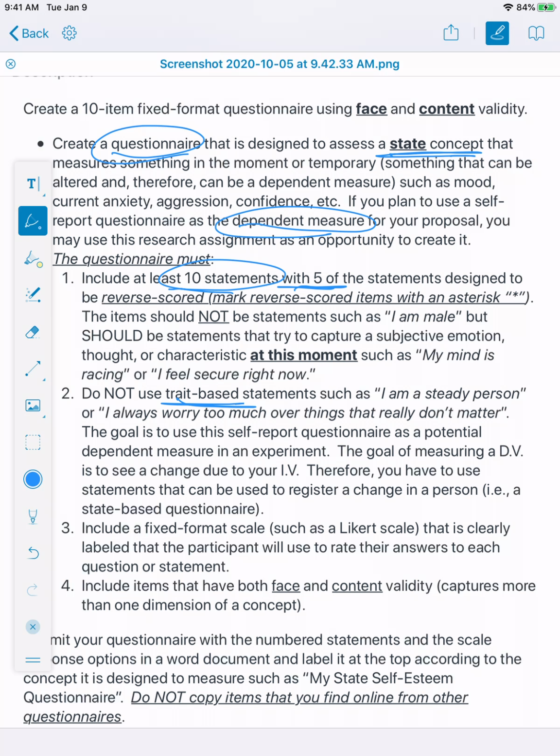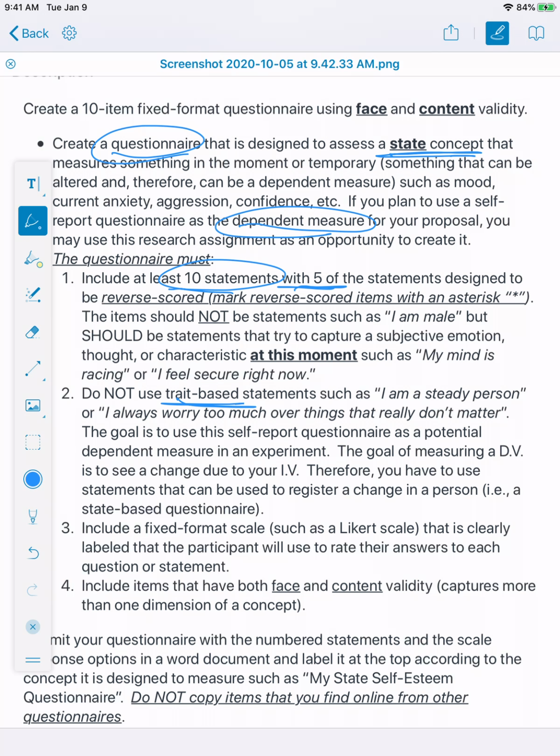But 5 of those statements would need to be worded so that the person would strongly disagree if, in fact, they feel highly confident in that moment. And then when we go in and code those statements, we're going to reverse code them so that a strongly disagree would be coded as if it were a strongly agree.